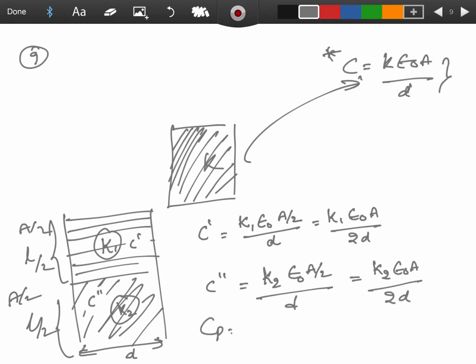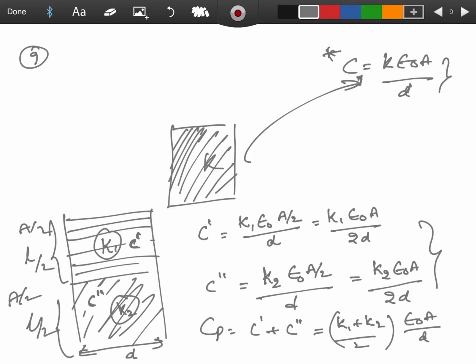But both are in parallel. This C dash and C double dash are in parallel, then it should be C dash plus C double dash. K1 plus K2 by 2 is common, epsilon naught A by d. After adding these two, you will get this result. I am writing a bit quickly. C dash and C double dash both are in parallel. In this manner I calculated.